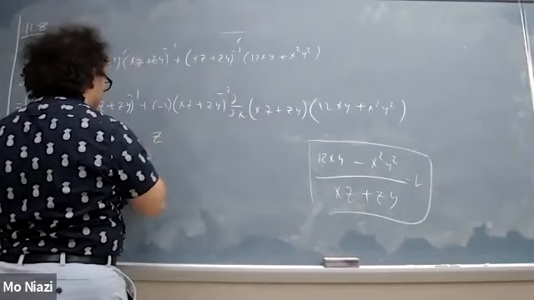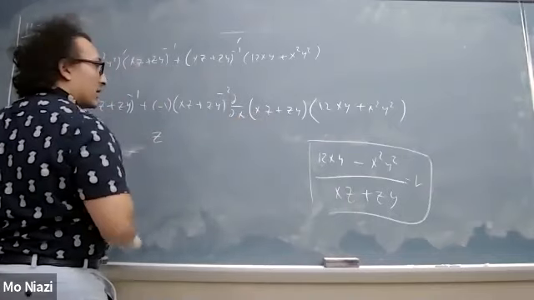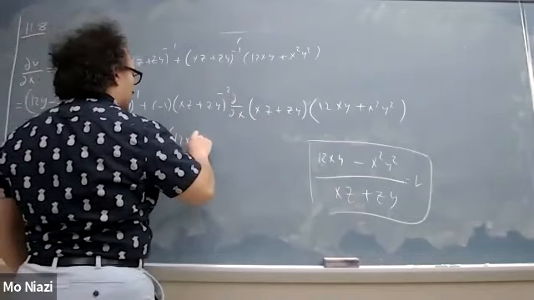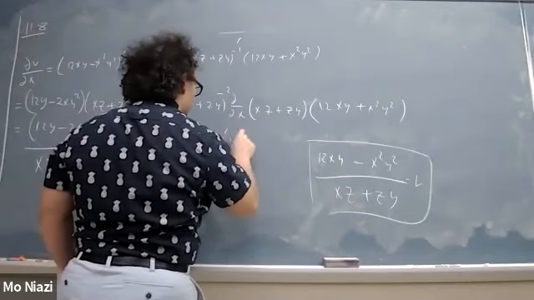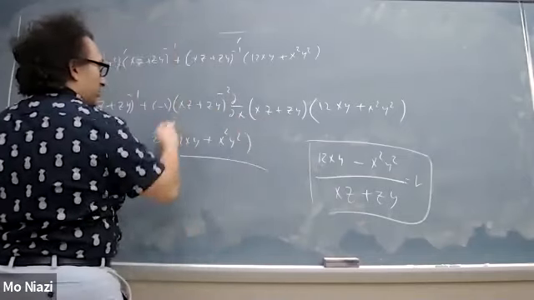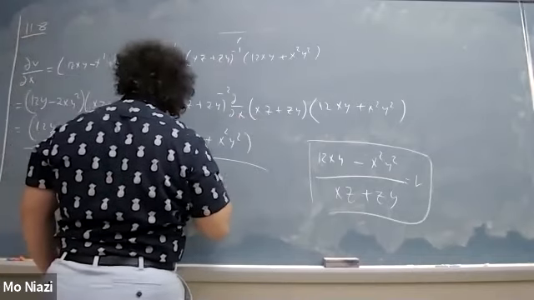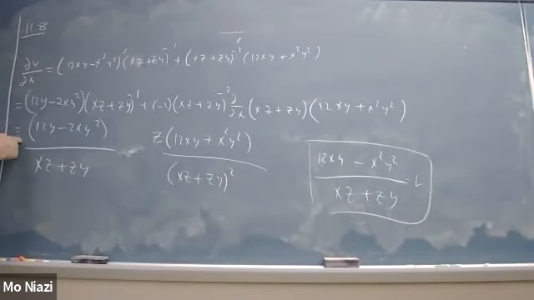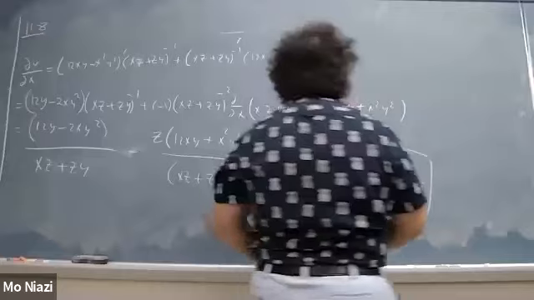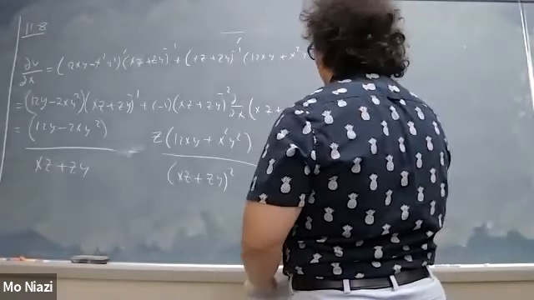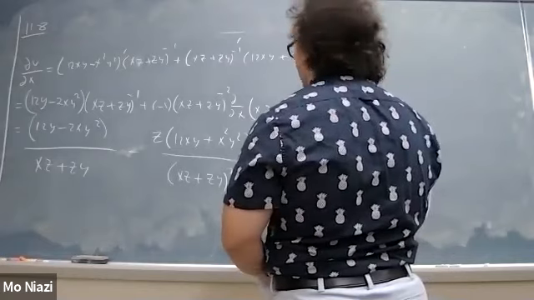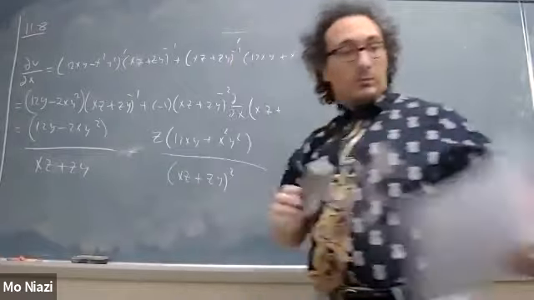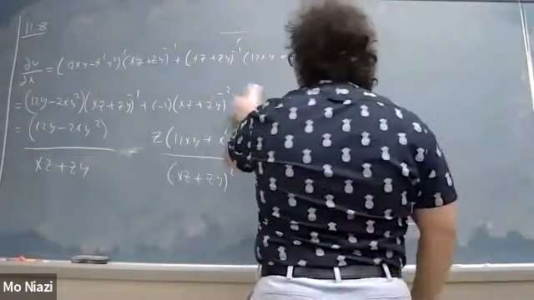So this becomes minus z times (12xy minus x squared y squared), everything divided by this term squared, (xz plus zy) squared. Now to obtain a common denominator, I have to multiply top and bottom here by one of these terms. So we'll move the calculation up here.